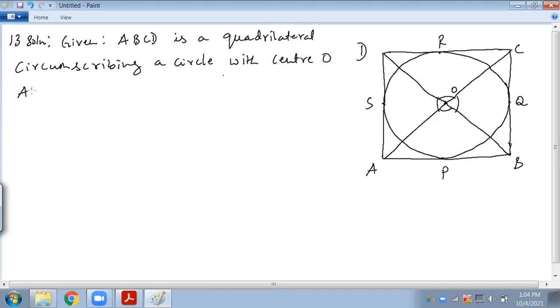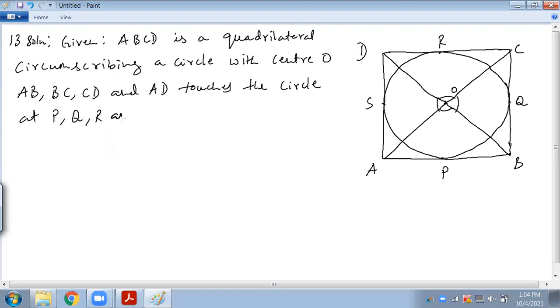Then the sides AB, BC, CD, and AD touch the circle at P, Q, R, and S respectively.